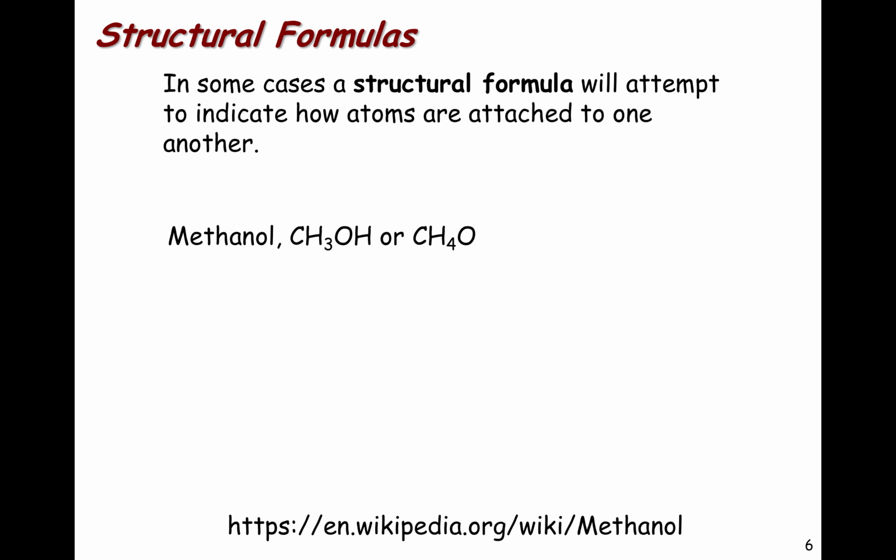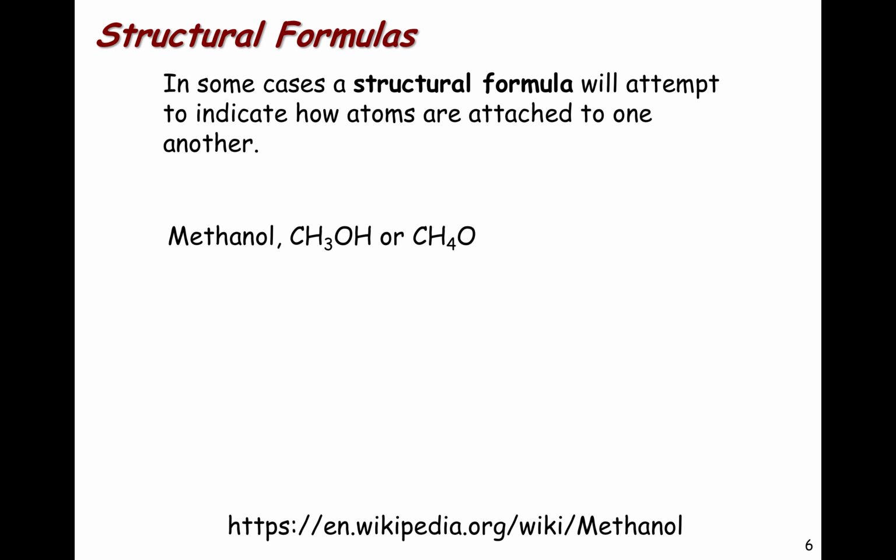In this case, we see that there's a carbon, and it's implied that there are 3 hydrogens attached to that carbon. In addition to this carbon, we will learn that carbon always has 4 things or 4 bonds attached to it. So carbon is also attached to the oxygen, and the oxygen also then has a hydrogen attached to it.